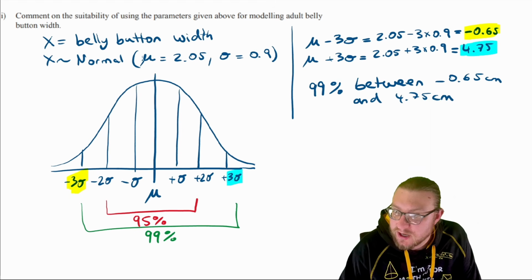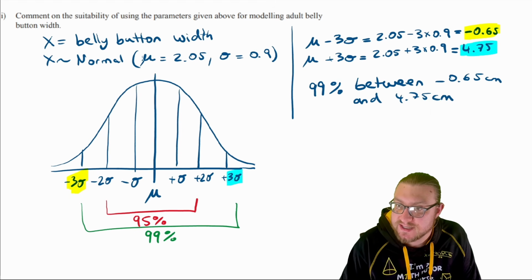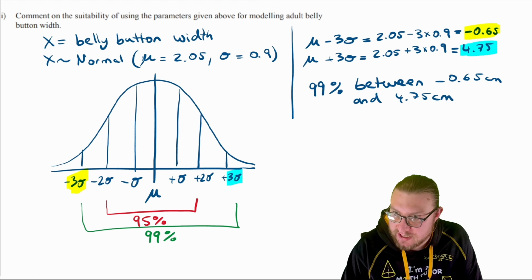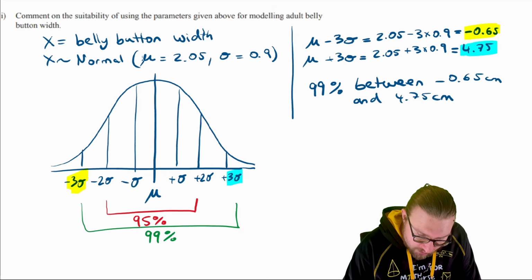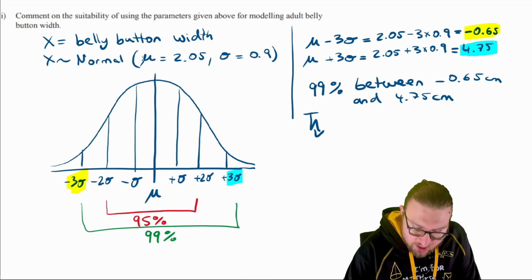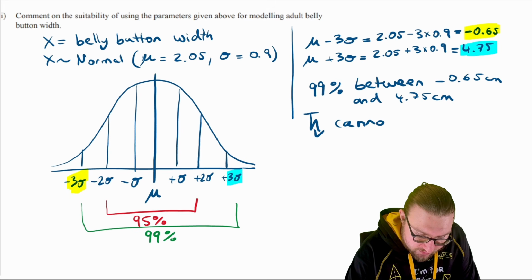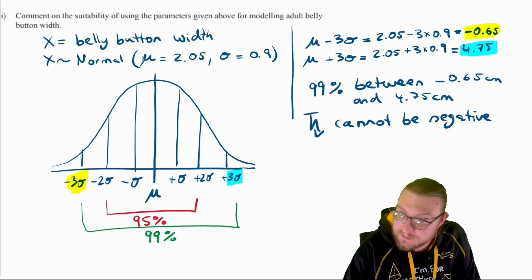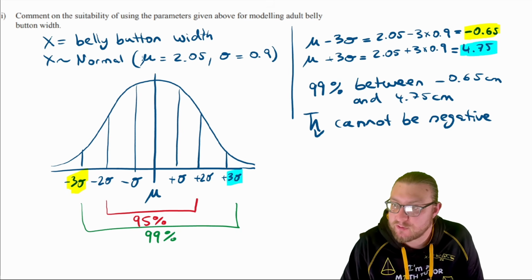So if we look at this now, this tells us if the normal distribution is appropriate here. Well, we have a negative number. So we have an issue here. It cannot be negative. I have never seen someone who has a negative diameter for their belly button.